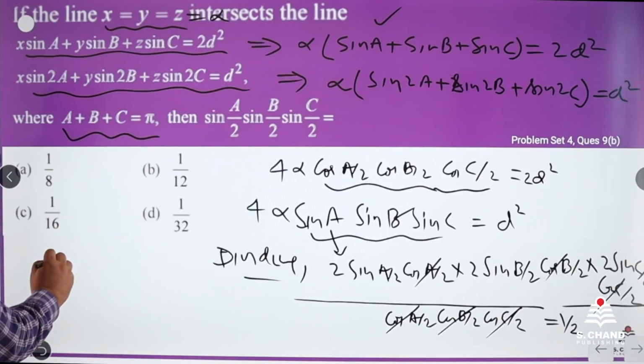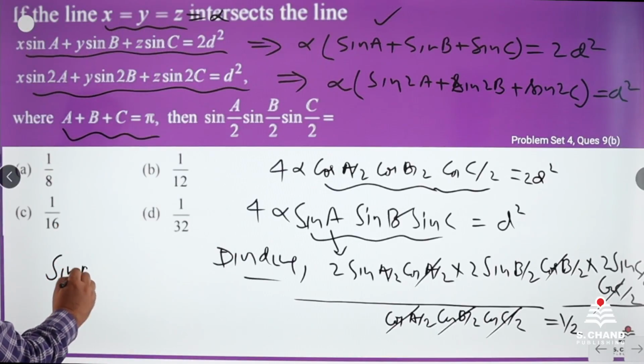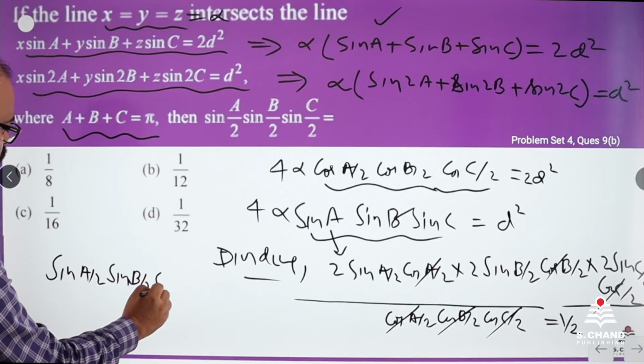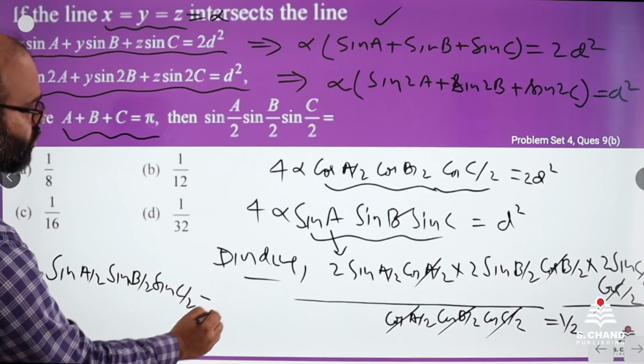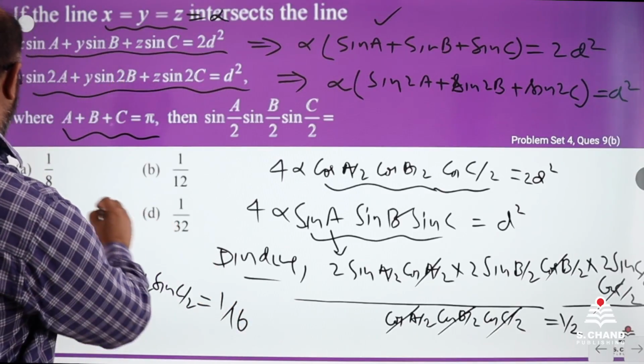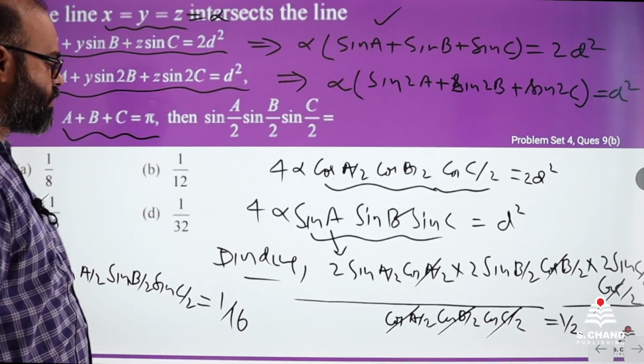Then we have sin A by 2 into sin B by 2 into sin C by 2 is equal to 1 by 16. The value is 1 by 16.